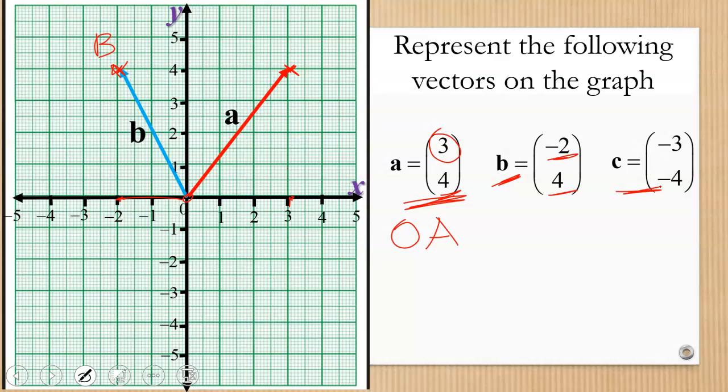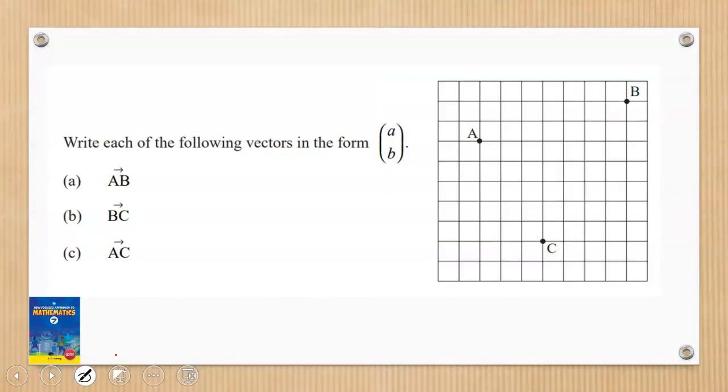So negative 3 on the x-axis, negative 4 on the y-axis, and they'll meet here. Let's call it point C. That vector becomes vector OC, or vector C. So this is how we represent vectors on the Cartesian plane or graph.